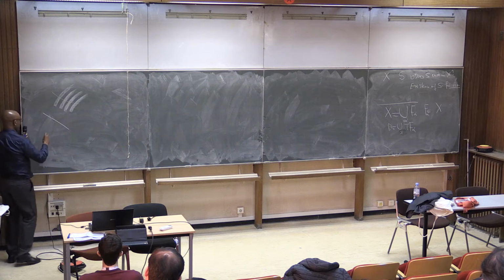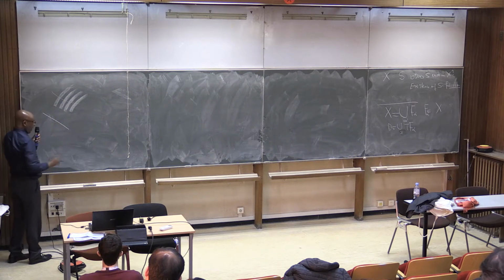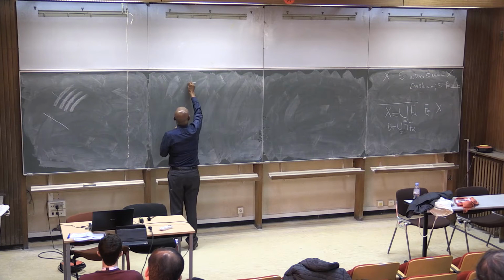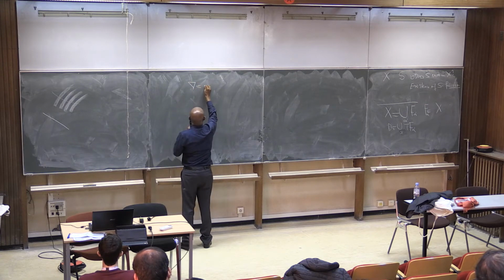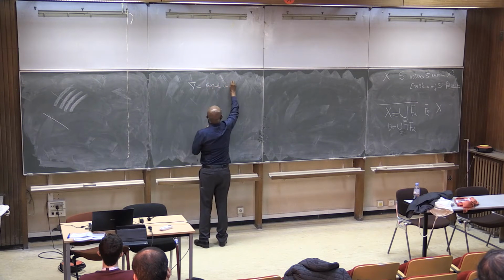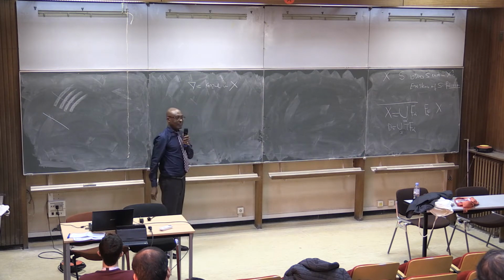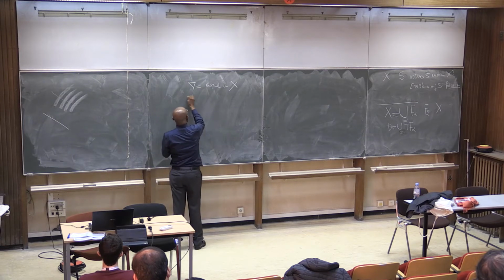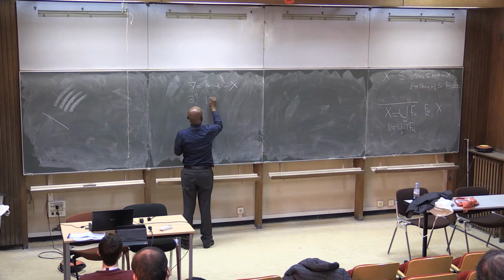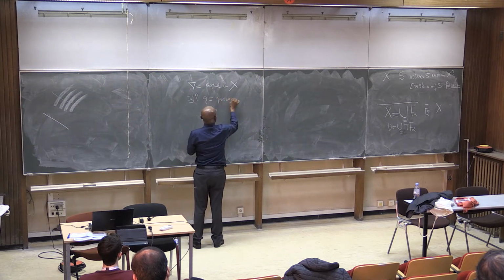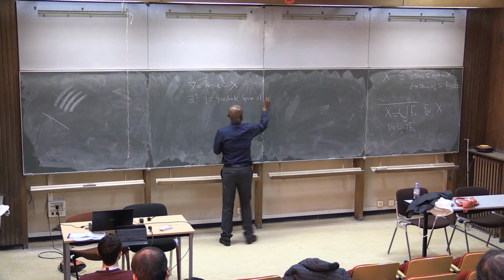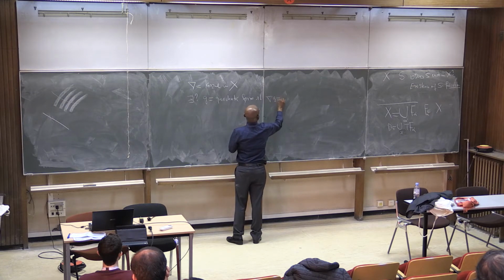Then I will start the following question. Now, consider a connection, a causal connection nabla in your manifold X. Question: the existence of G, a quadratic form, such that nabla G equals 0.